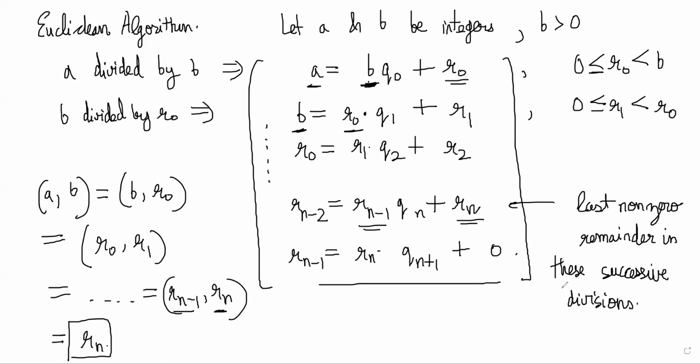Now, how can we show these steps? GCD of A and B is equal to this. So basically, A can be written as BQ plus R naught, right? Since when we take the GCD of A and B and divide A with B, we get A is BQ naught plus R naught. So this is the same as saying GCD of BQ naught plus R naught, comma B, right?